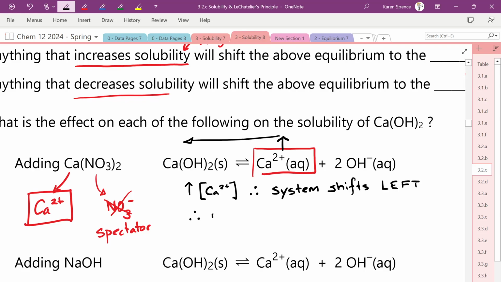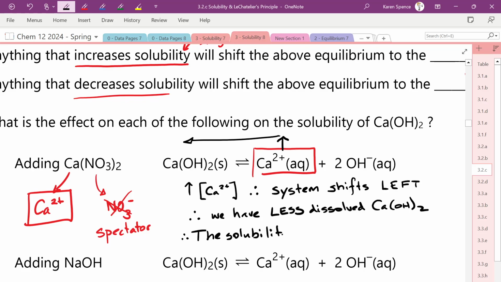We have less dissolved CaOH2. And if we have less dissolved CaOH2, the solubility has increased or decreased? Decreased.